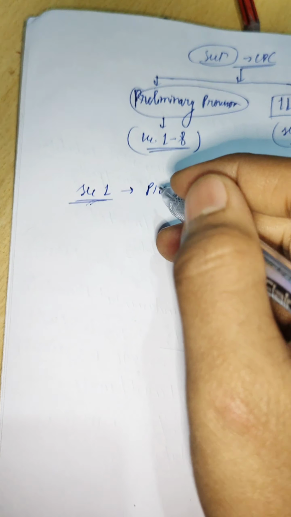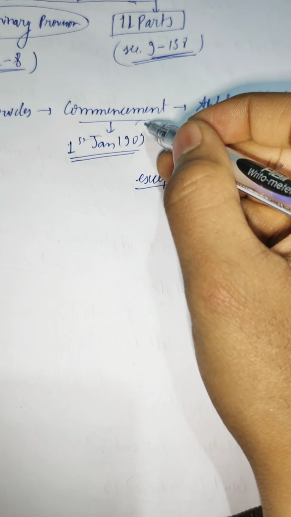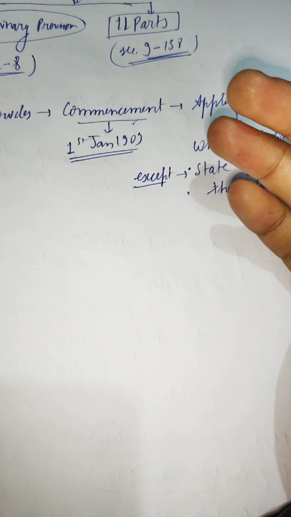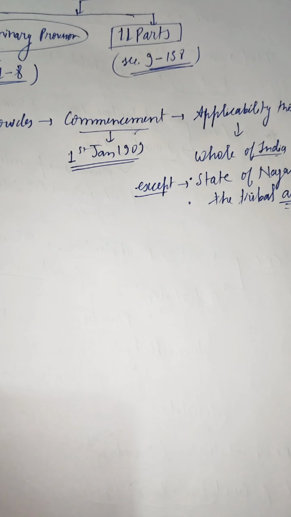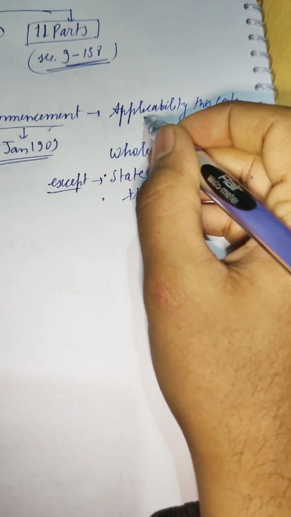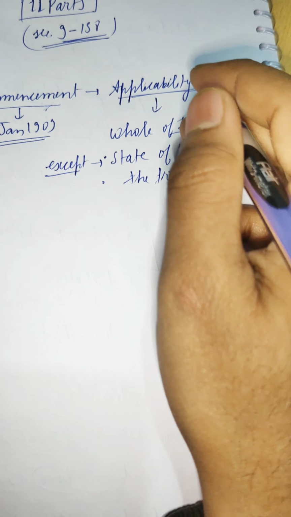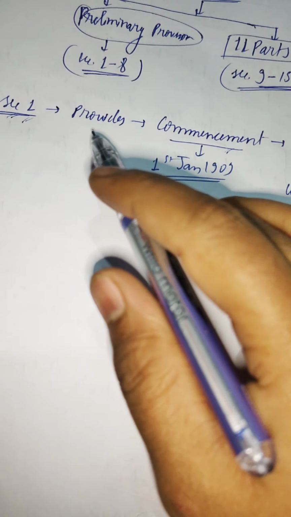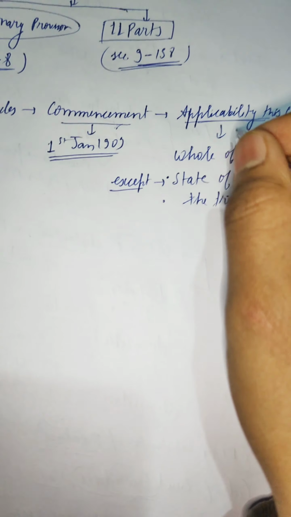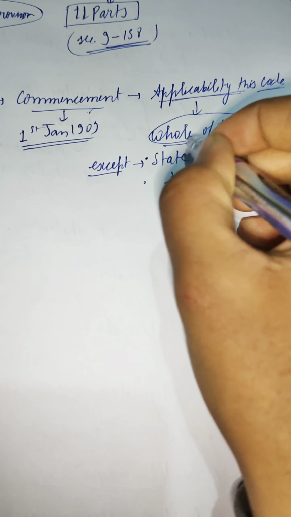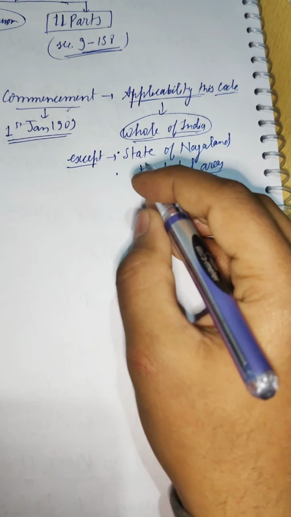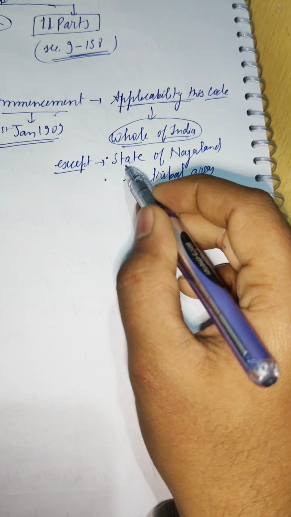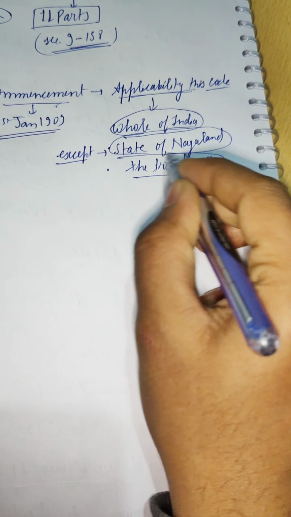So the very first section of the CPC provides when the CPC 1908 was enforced in our country, and what the applicability of this particular code is. As per section 1, the Code of Civil Procedure is applicable to the whole of India except parts or areas of the state of Nagaland and tribal areas.